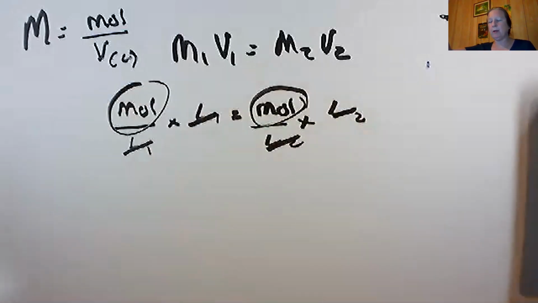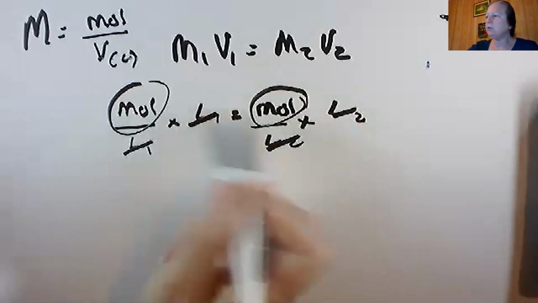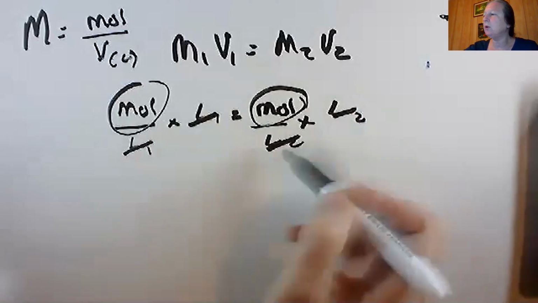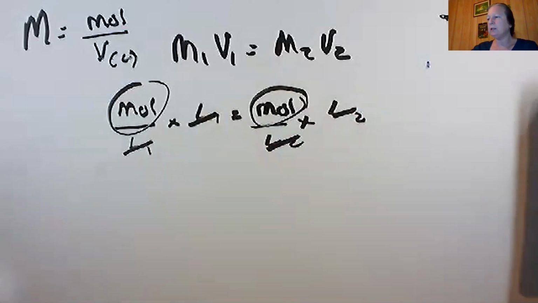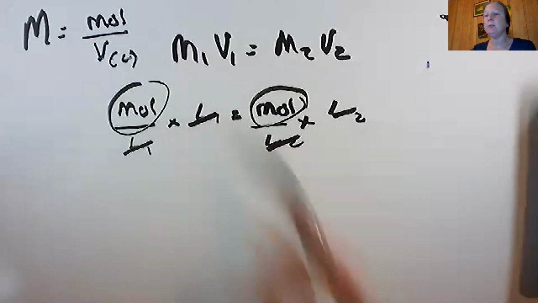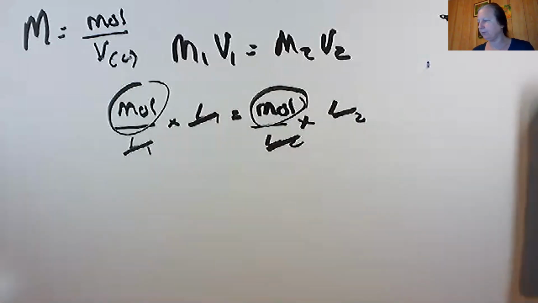When you pull up a pipette with a certain amount of, let's say, sodium chloride in it, and you put it in another flask and you add more water, you're changing the concentration because you've diluted it, but the same number of moles of sodium chloride that you had in your pipette are still there in your new flask. So that's what this is showing: you can change the volume, but the number of particles of sodium chloride or whatever that you transferred are still the same. So that's how I think of this.